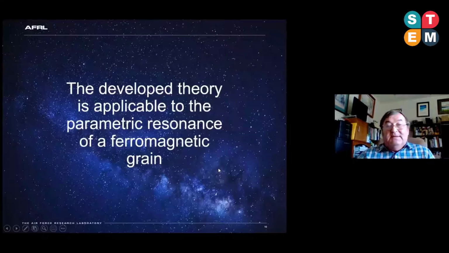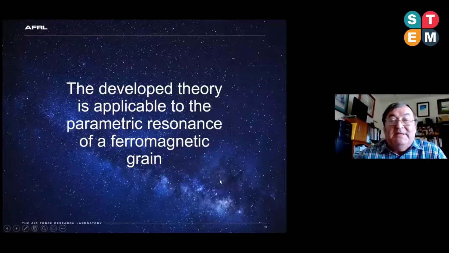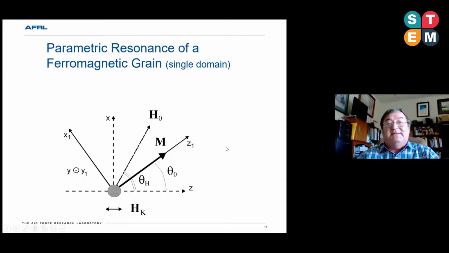Okay, this developed theory is applicable to the parametric resonance of a ferromagnetic grain. So let's consider a simple model of a ferromagnetic single-domain grain. This grain has uniaxial anisotropy along the z-axis.